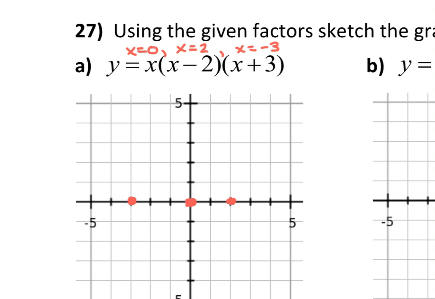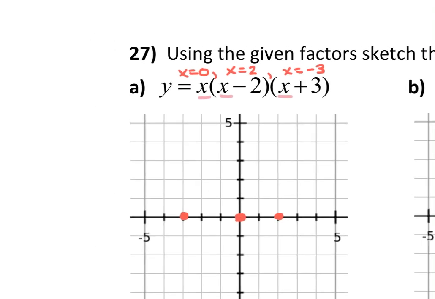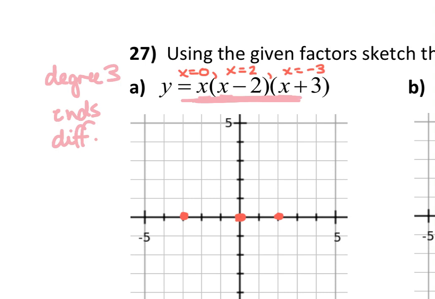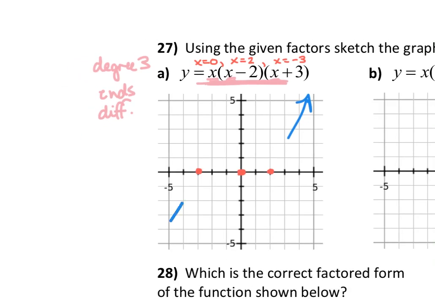And because I have 3 x's being multiplied, I know that this is a 3rd degree equation. So therefore, because it's degree 3, which is odd, the ends are going to be different. And because there's nothing multiplied at the beginning of any of these 3 factors that's negative, the right end is going to go up and the left end is going to go down.